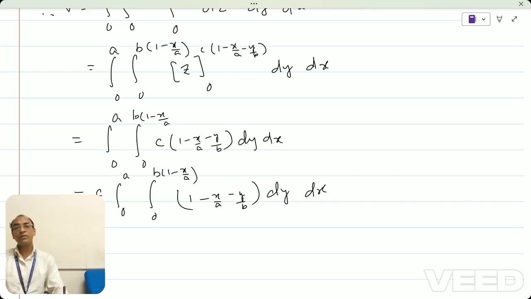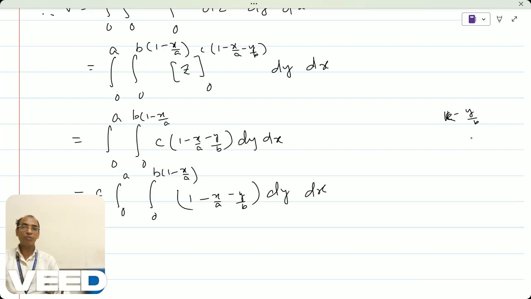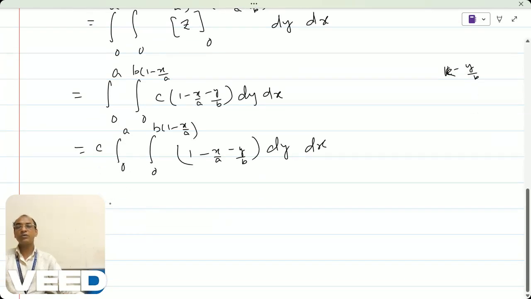So this is equivalent to integrating something like k minus y by b. If I integrate this one, I will get y square divided by minus 1 by b, and for the integration of this one, you can use the substitution method also.